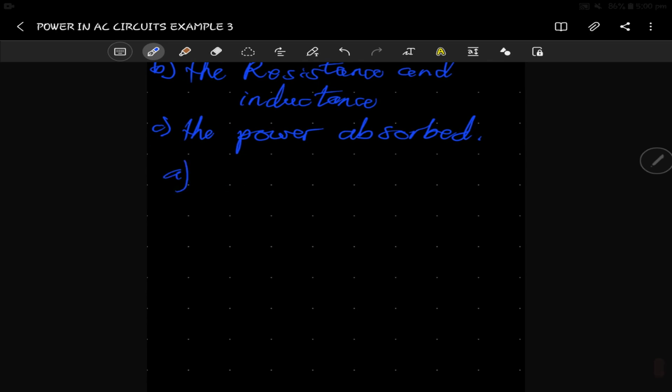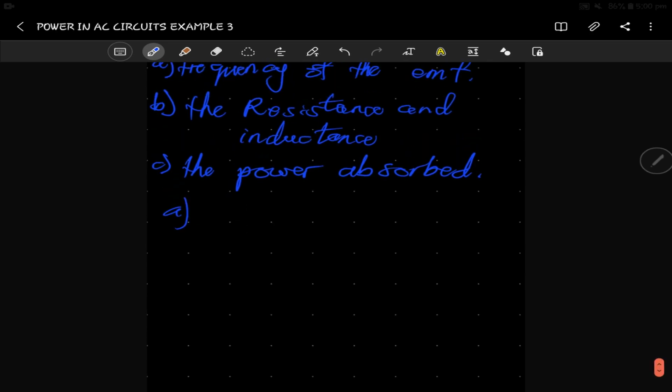A. So we know that when it comes to sinusoidal functions, AC quantities, the general formula is we have the peak value. Let's say the voltage, because we're talking about voltage. So we have the voltage peak value. This is the general form.